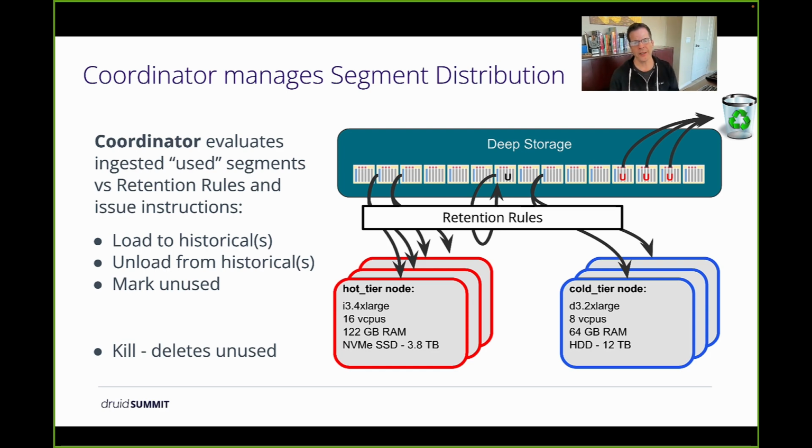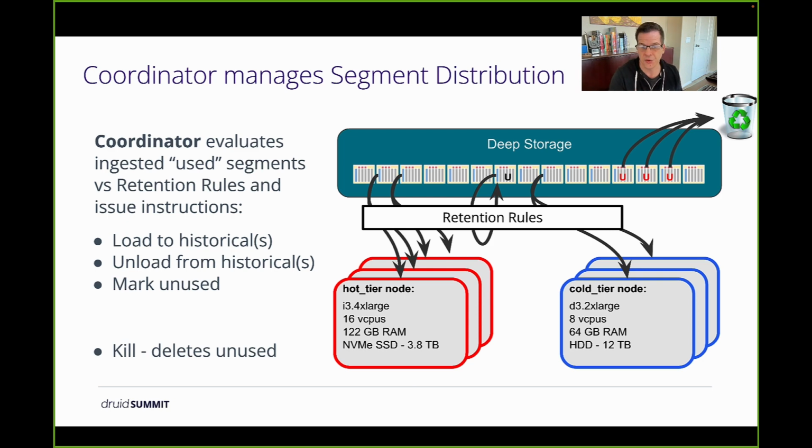So the coordinator manages segment distribution, and the way it does this, it looks at deep storage, it looks at all the ingested segments that are marked as used, reads the retention rules associated to the data sources and to the cluster, and then executes multiple operations, right?